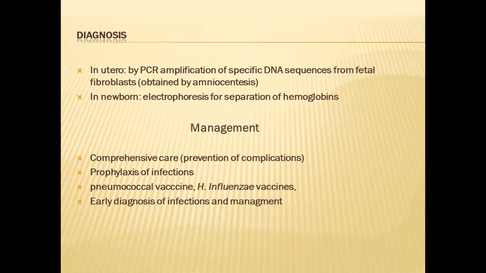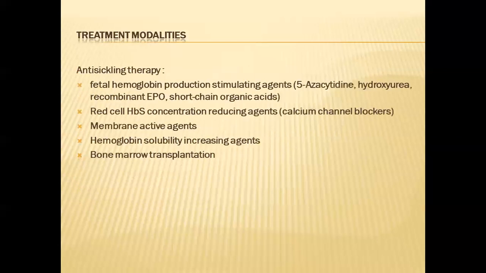You need comprehensive care in terms of prevention of complications. You need prophylaxis for infections. You have to give pneumococcal vaccine and influenza vaccines. And early diagnosis of infection and management are the key features.